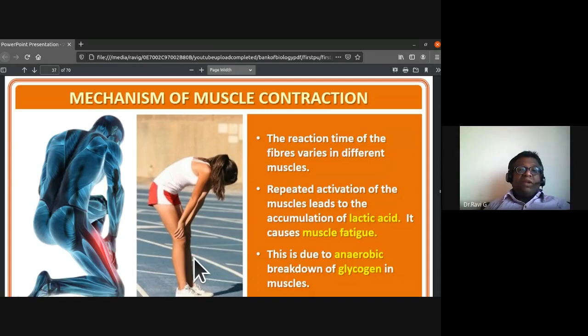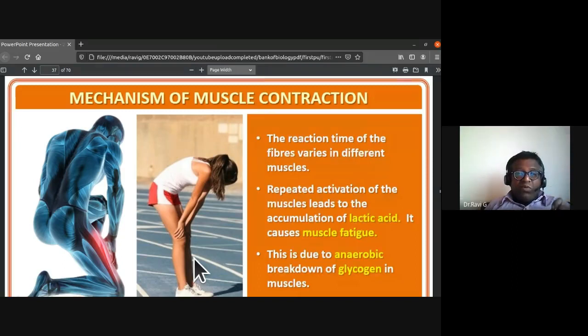Whenever we are doing repeated activation of the muscles, overstraining yourself, running, jogging, lifting weights, it leads to accumulation of lactic acid, which causes fatigue. The muscles become tired. You can't do any more exercises.